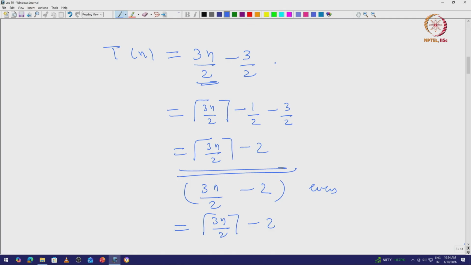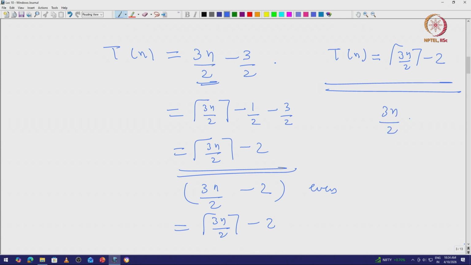So in both cases you have the same expression. Therefore, you can write T of n as CL 3n by 2 minus 2, which is just 3n by 2 minus 2. In fact, for all even this is the expression, for all odd it will be one more.